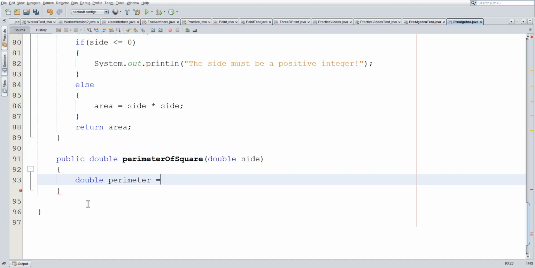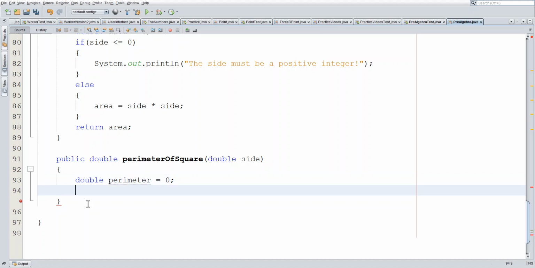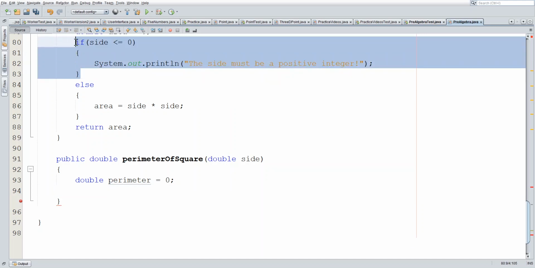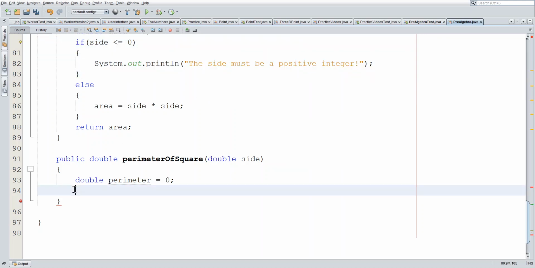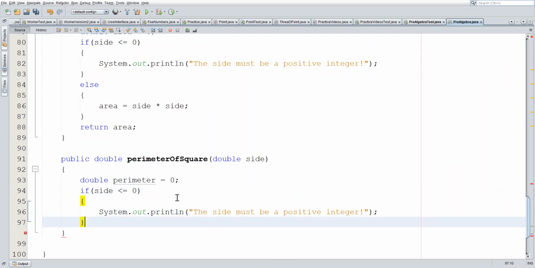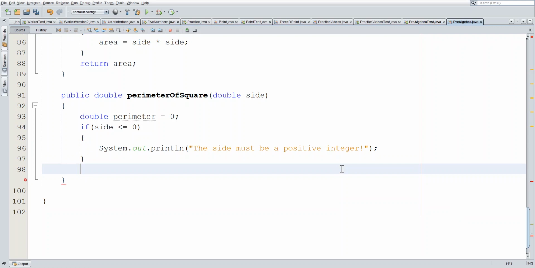So let's go ahead and initialize our perimeter to 0. Now it's going to be the same concept, right? So I think I'm just going to go ahead and steal this if statement here. I could probably just steal the whole thing, but let's keep it step by step. So if side is less than or equal to 0, print out the side must be a positive integer, right?